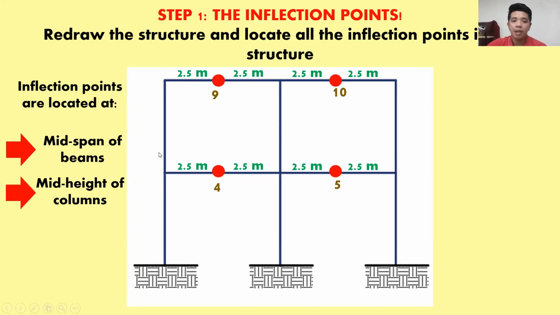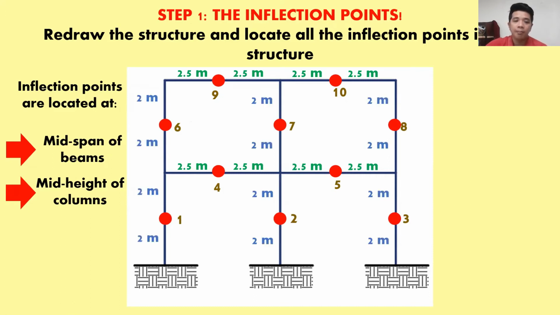So, ang columns naman, these are the vertical structural elements of the structure. Yan yung mga poste, kung tawagin natin. So, dyan makalolocate yung inflection points ng columns. So, kalahati din. So, yung height ng columns natin is 4 meters. So, kalahati-kalahati, dyan malolocate yung inflection points.